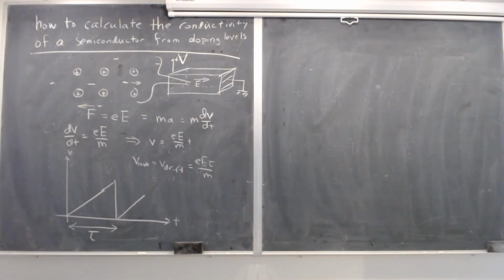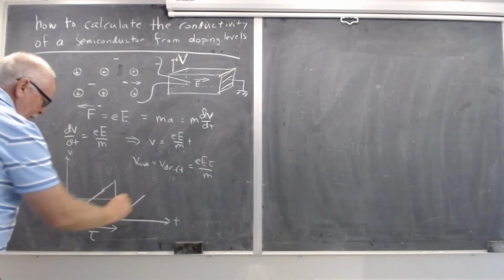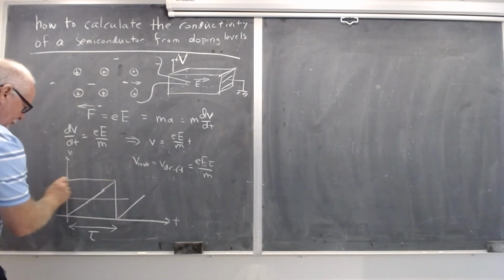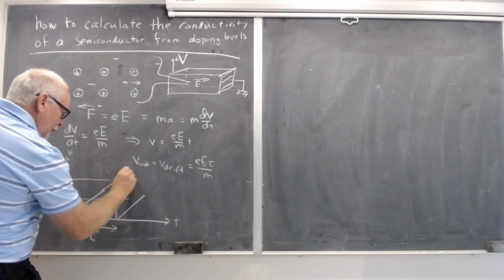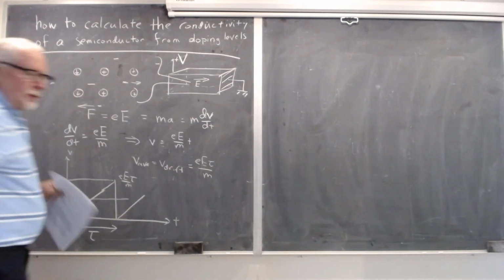Now, you may be wondering why it's not half that, right? Because that would be the average velocity. If you think about it, this is E tau over m. So you might think there's supposed to be a 2 there.